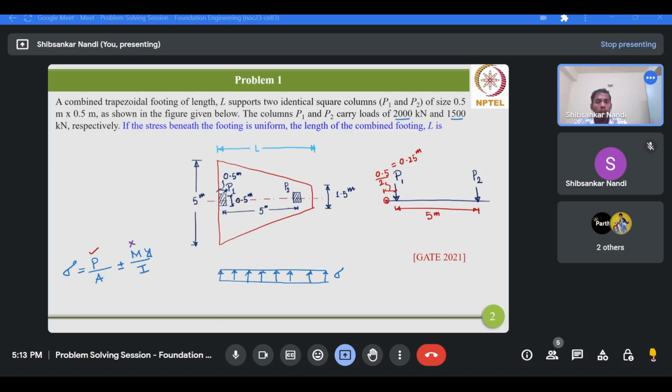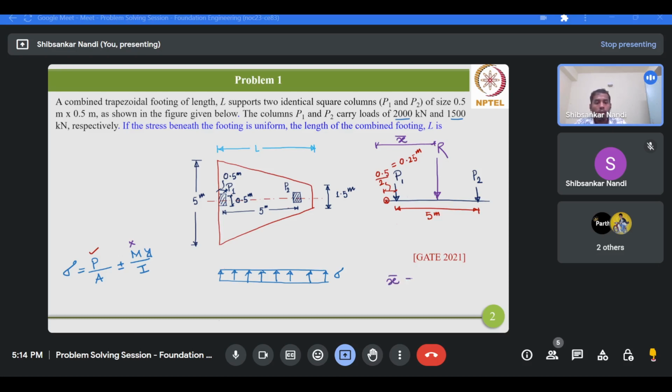Now from this left hand side, you can easily determine the resultant. Suppose the resultant is located at a distance of x bar. How can we determine this x bar?